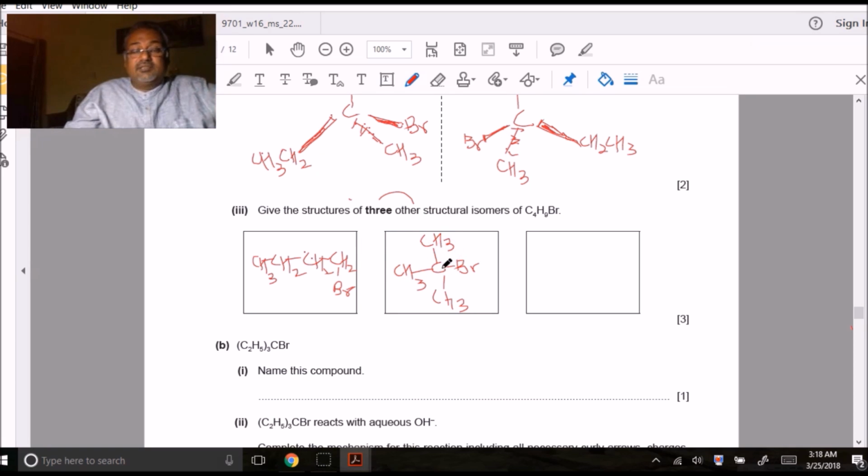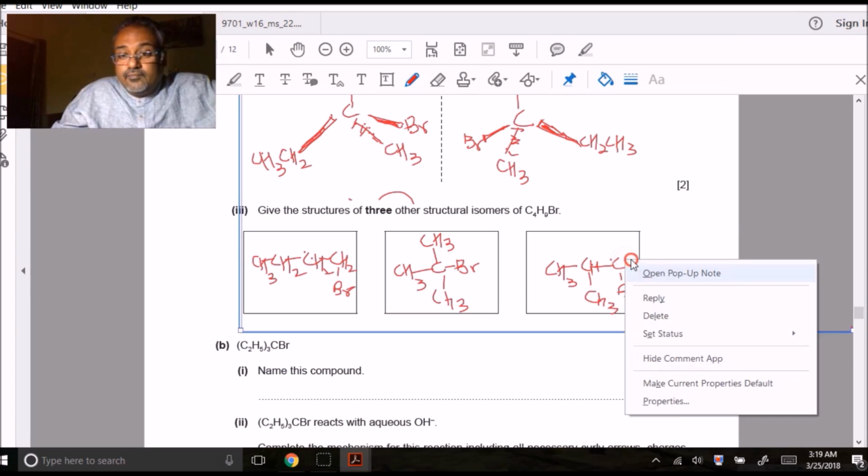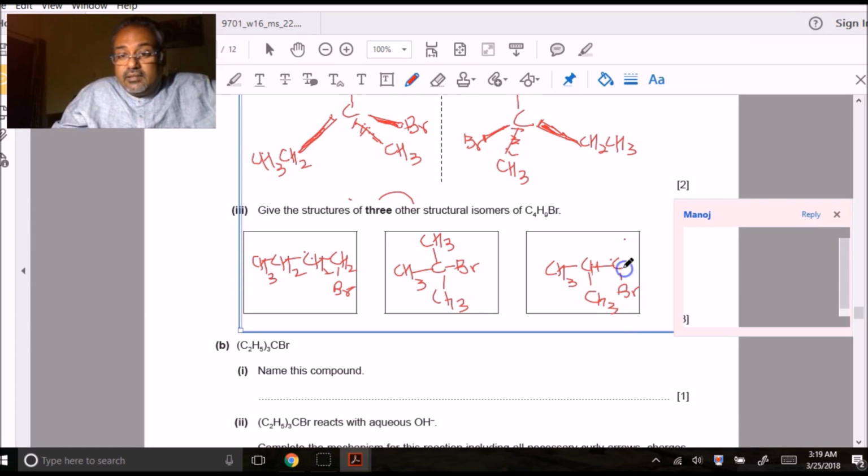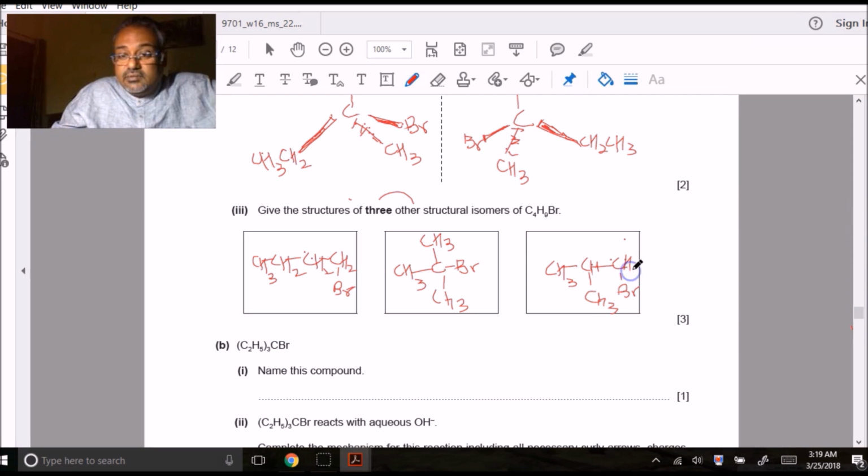That's another structural isomer. I can even think of a 3-carbon chain with a carbon here and a Br here. That's going to be a CH3, that can be a CH3, that's an H, and that's an H2.